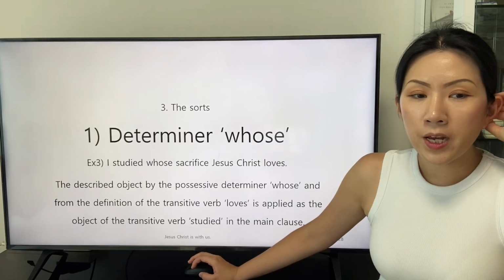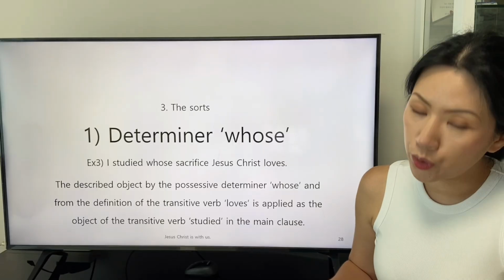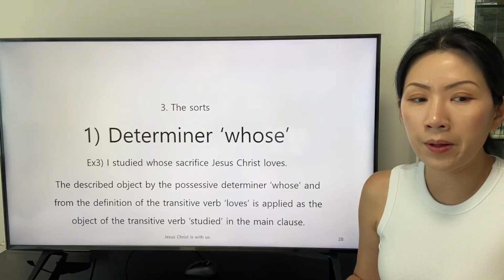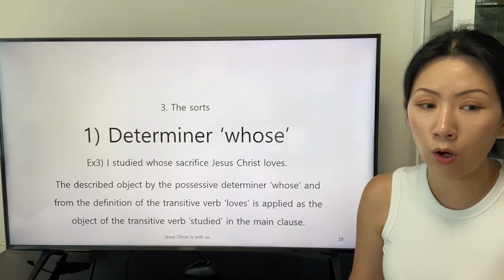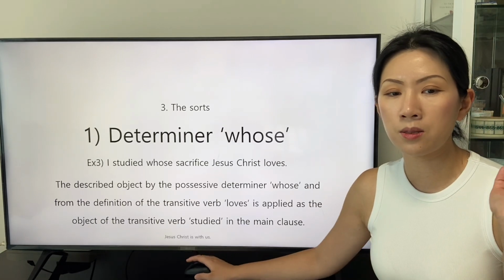The described object by the possessive determiner whose, and from the definition of the transitive verb loves, is applied as the object of the transitive verb studied in the main clause.